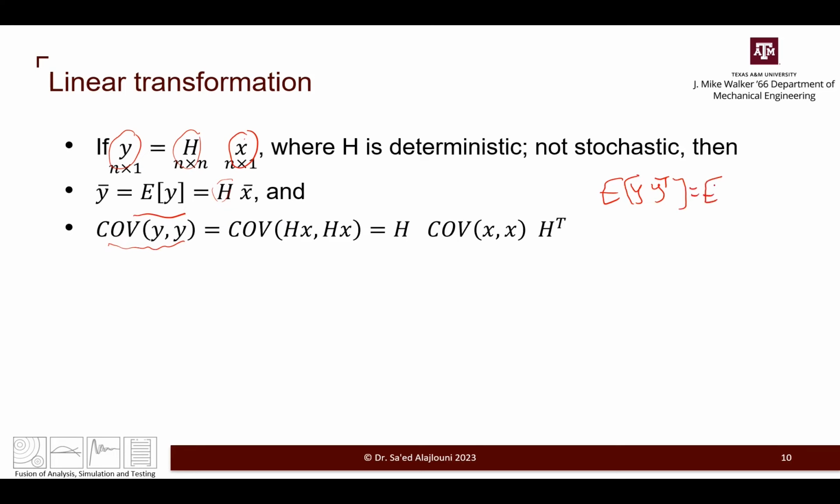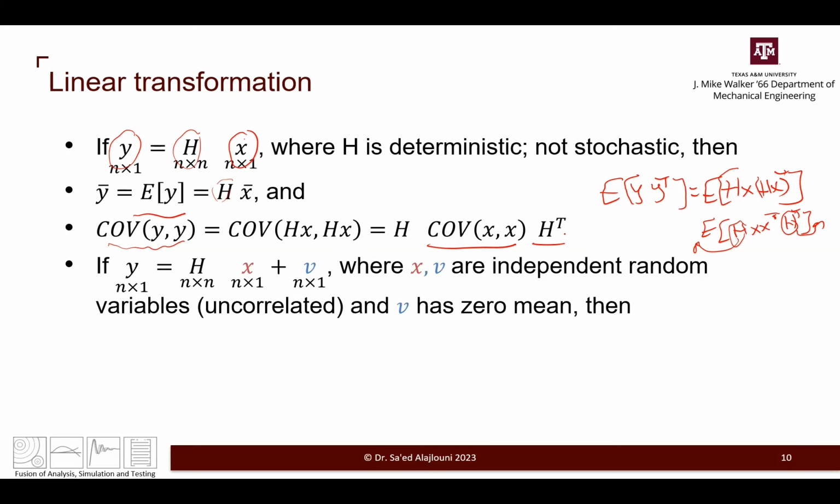The expected value of y is nothing but h x bar, so we have h x minus h x bar, transposed, which gives x minus x bar transposed times h transpose. This is a constant, it comes out of the expectation operator, and this is a constant, it comes out of the expectation operator. You end up with h times the autocovariance of x times h transpose.